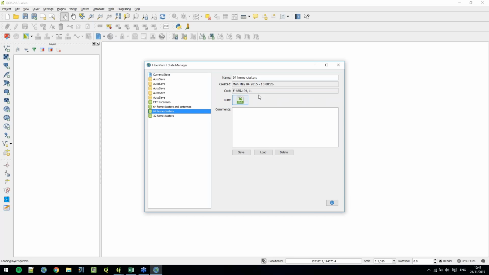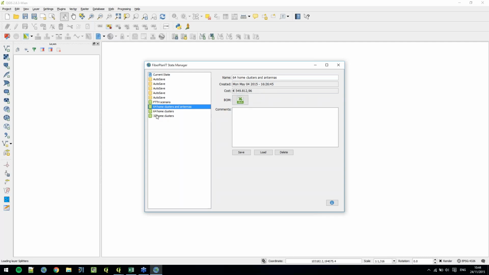Of course, if we compare the costs between these two scenarios, we have 485,000 for 64 home clusters. The cost will go up when also considering the antennas, but you can spread it out over more units, so it might be more interesting to take into account also the antennas when doing the new deployments. Definitely, if you want to do this also in a later stage already, then it's very good to look at this from the start and take it into account.